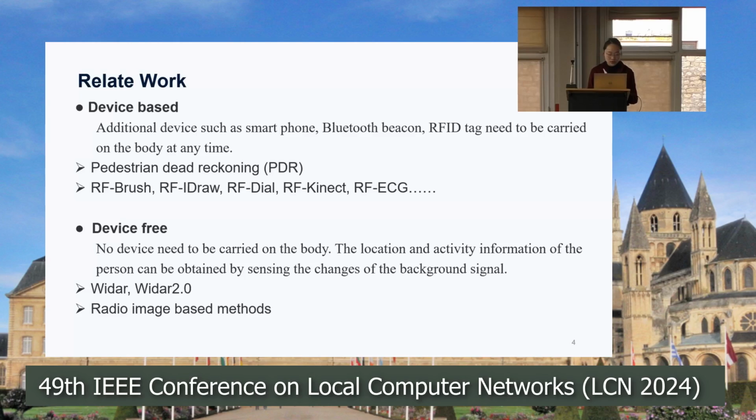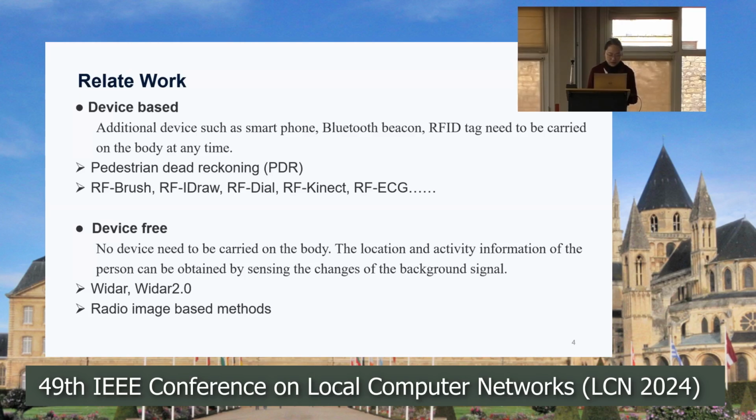The existing solutions can be roughly divided into two categories, according to the necessity of wearing additional devices. First are the device-based approaches. In this kind of method, additional devices such as smartphones, Bluetooth beacons, and RFID tags need to be carried on the body to complete real-time monitoring.